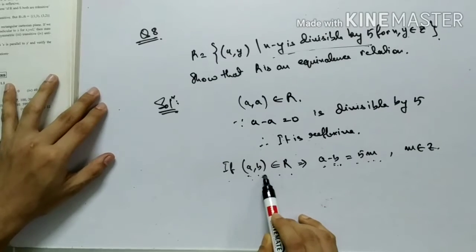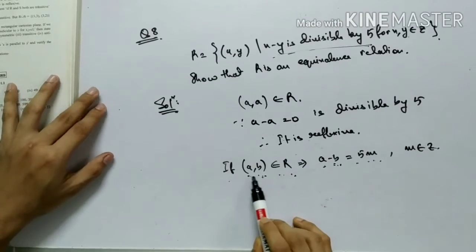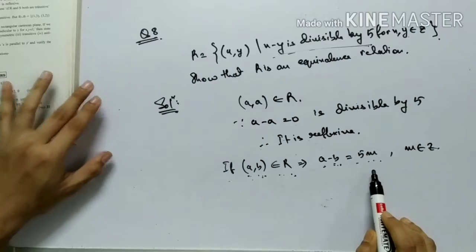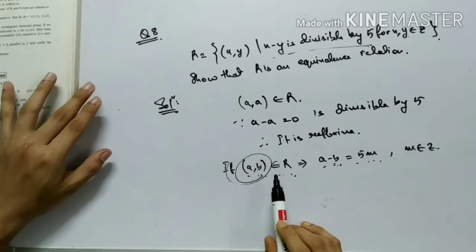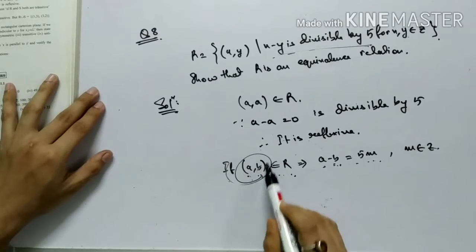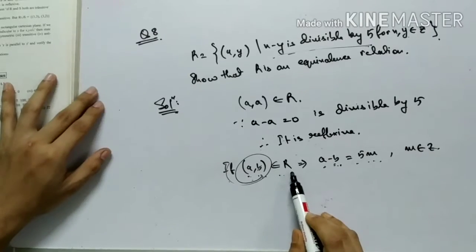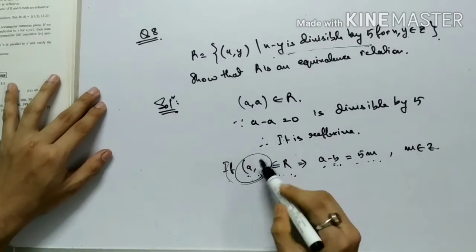If I say (A, B) belongs to R, that means A minus B is divisible by 5. Why does this element belong to R?